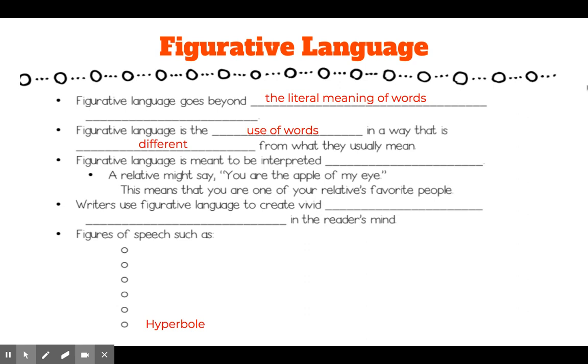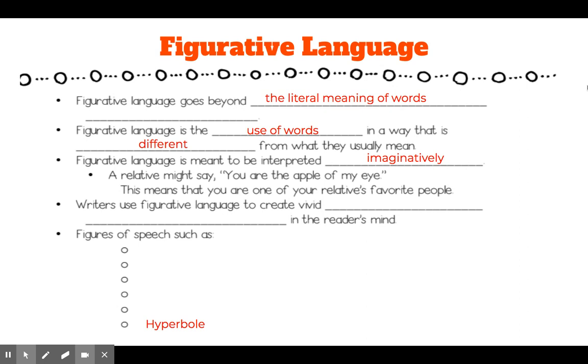So figurative language is the use of words in a way that is different from what they usually mean. Figurative language is meant to be interpreted imaginatively, which is a great big word. Imaginatively, which is saying you need to use your imagination to kind of figure out what that hidden meaning is, or what that extra detail is that they're adding into the text by including this piece of figurative language.